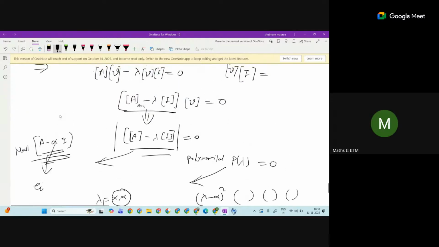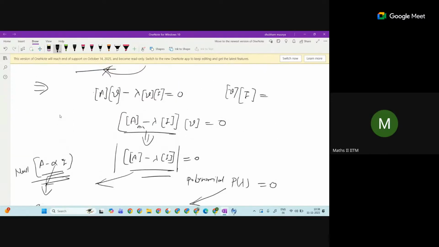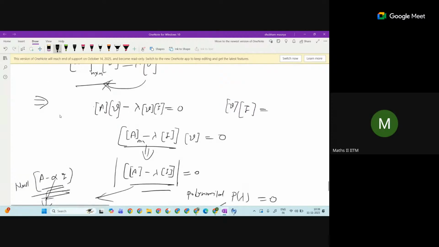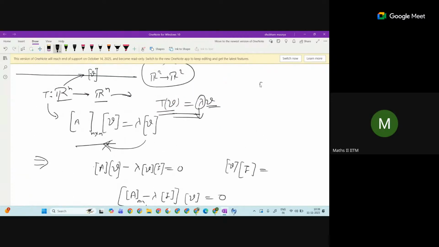So why am I doing this quickly? The one we have seen in 2 cross 2, there is no change even. We have done already for week 2 cross 2. Here is a slight extension, but there is no change in the definition. It is just that we have done more examples on 2 cross 2.